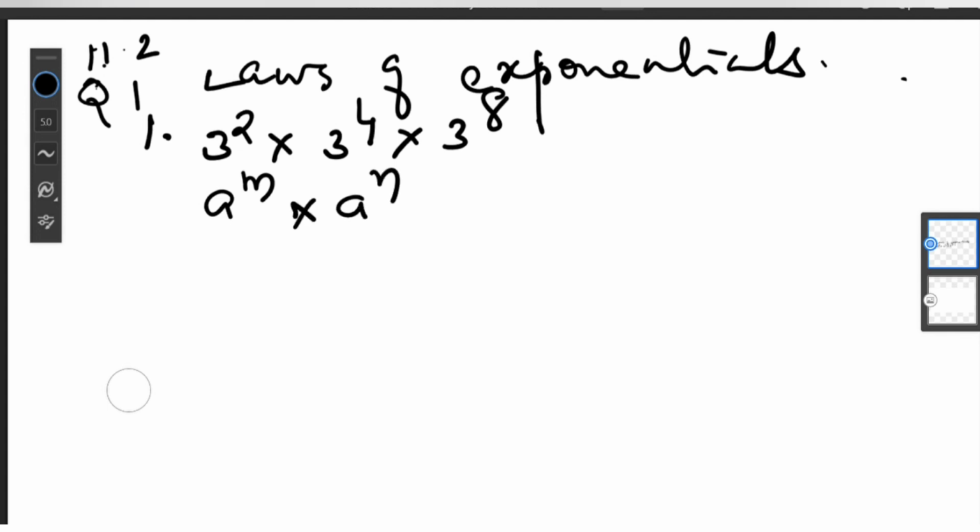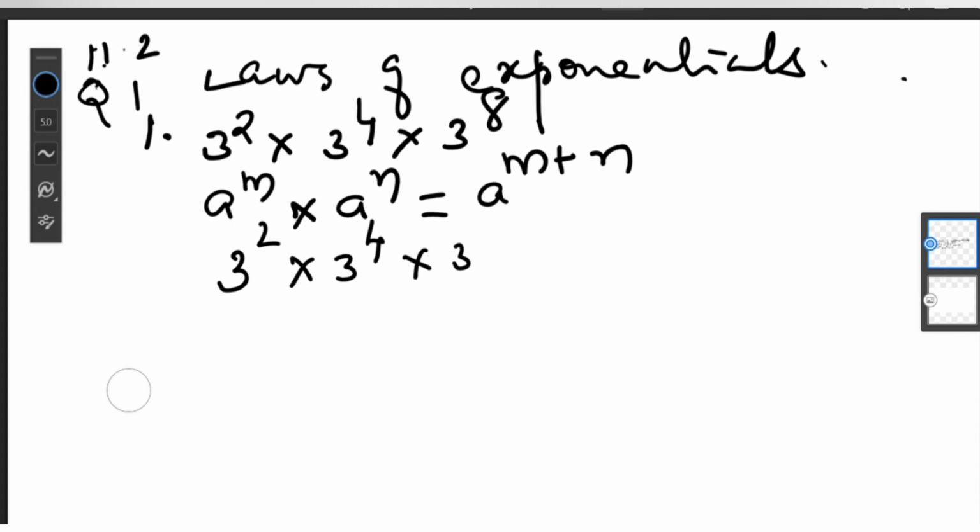We know that a to the power m into a to the power n is equal to a to the power m plus n. Given here 3 to the power 2 into 3 to the power 4 into 3 to the power 8.